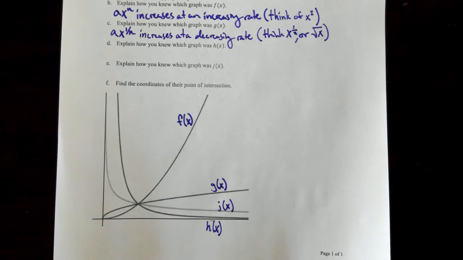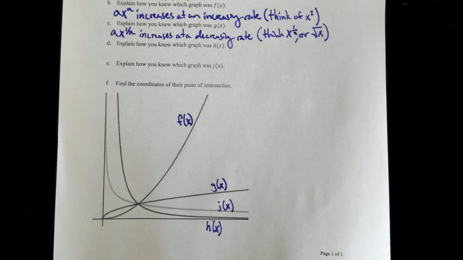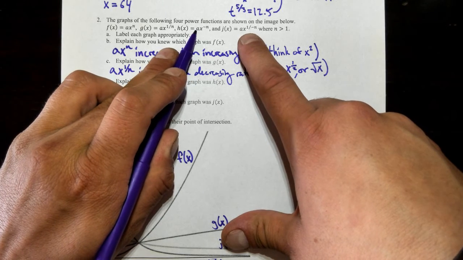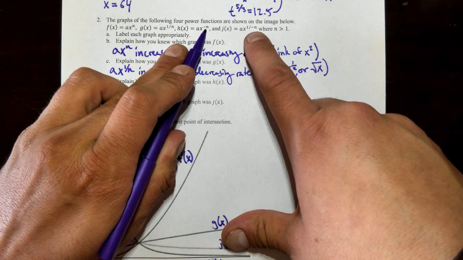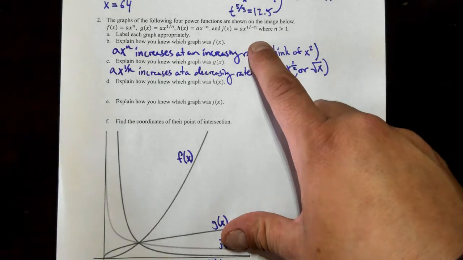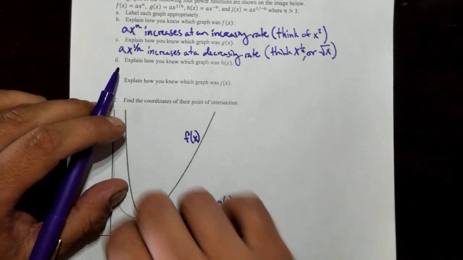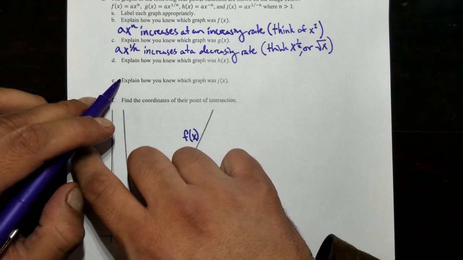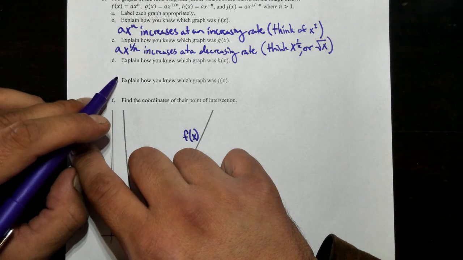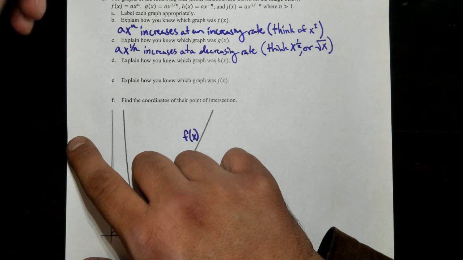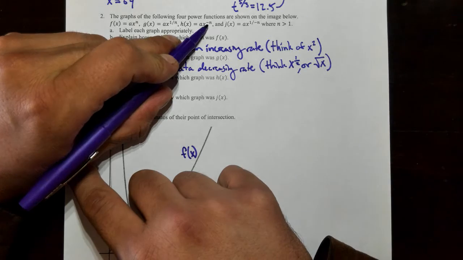And then D, explain how you knew which graph was h of x. Well, h of x and j of x, as they are given, are very similar. The only difference is that one has the power of the reciprocal of the other one. So let's write down both h of x and j of x. Remember the negative power rule.